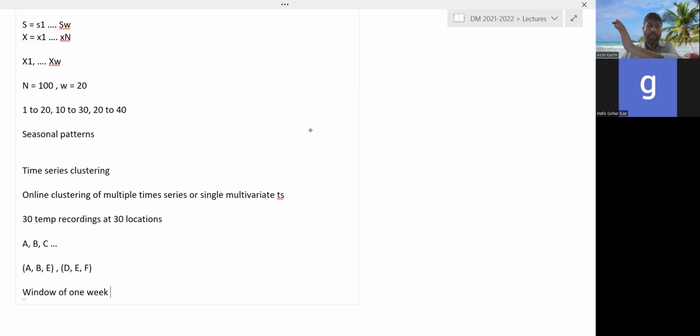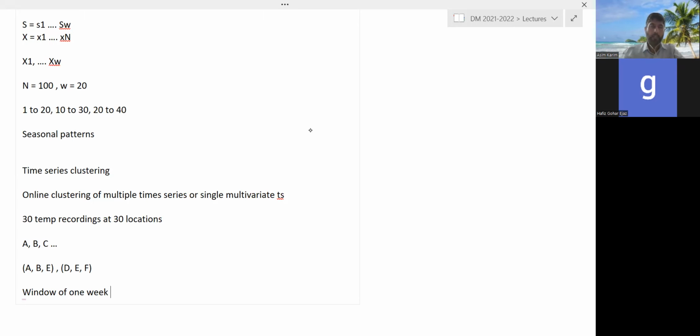And what we want to cluster is those 30. So you can consider those 7 time points as the features for these 30 locations. And then you can apply any of your standard clustering algorithms to do the clustering.